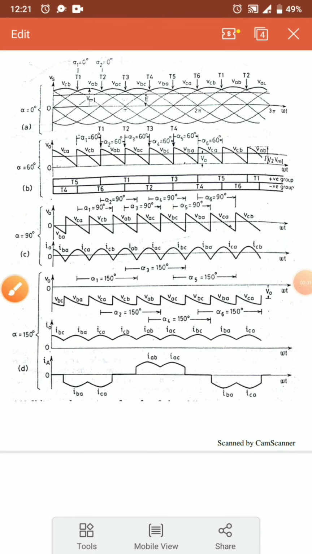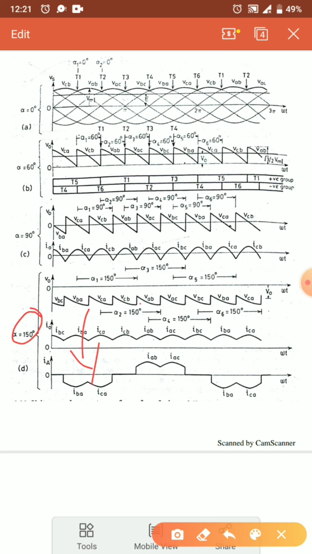Then for T2, I've said we will be looking at VAC. So it is clearly seen that I'll be getting some waveform in the negative portion, that is, below the zero line. It is quite evident from the diagram that when the firing angle is 150 degree, I'll be getting the waveform in the negative portion. Thyristor T1 is starting at this moment, as discussed earlier.